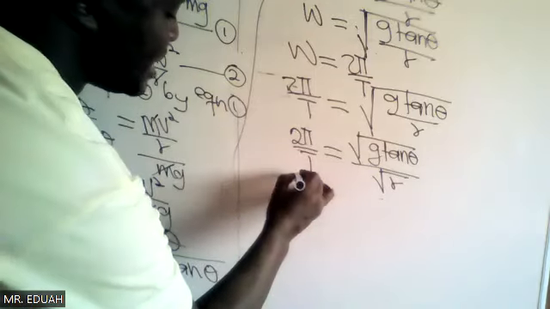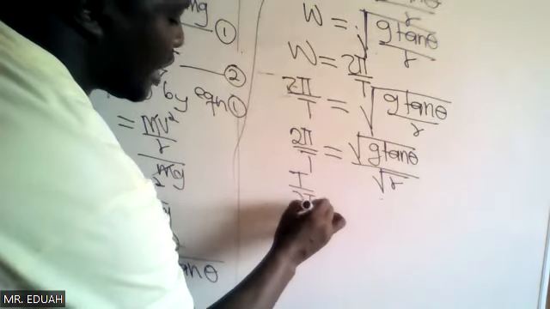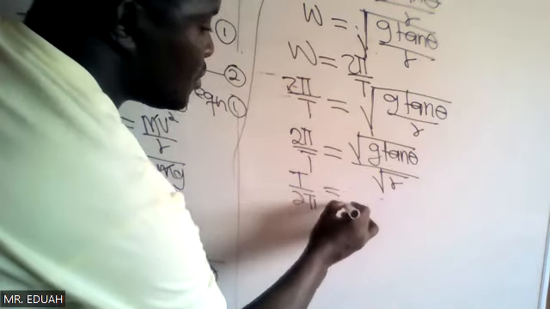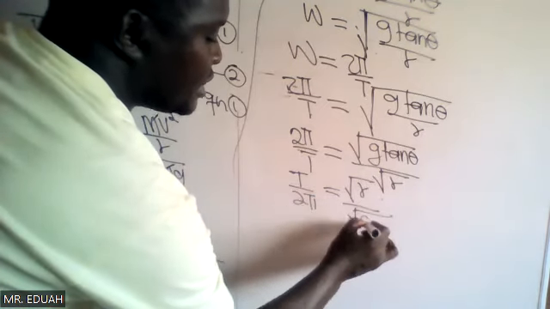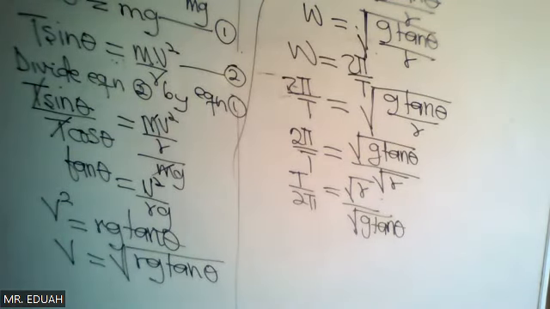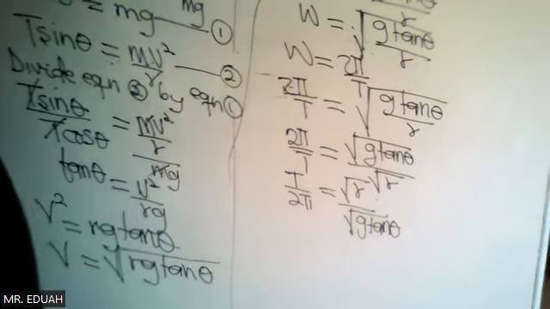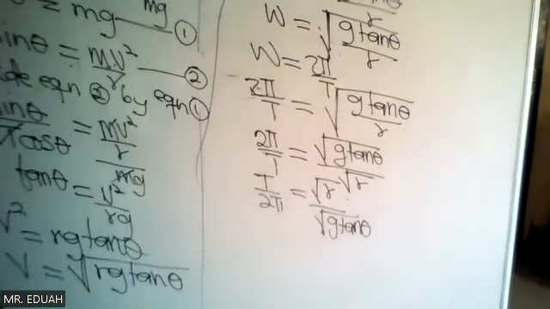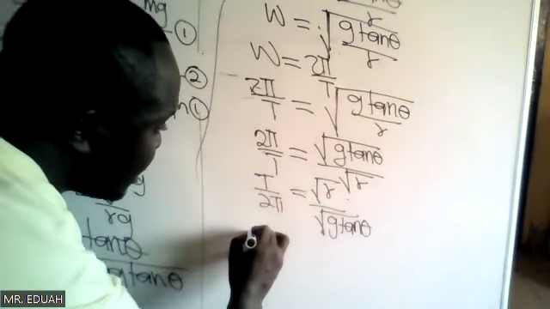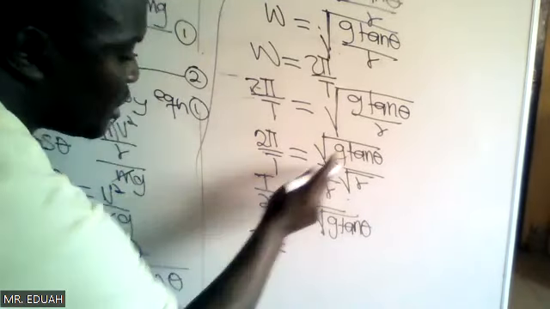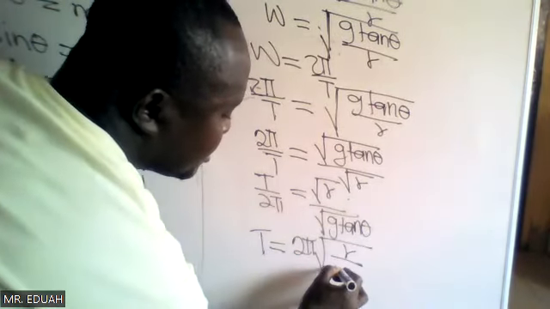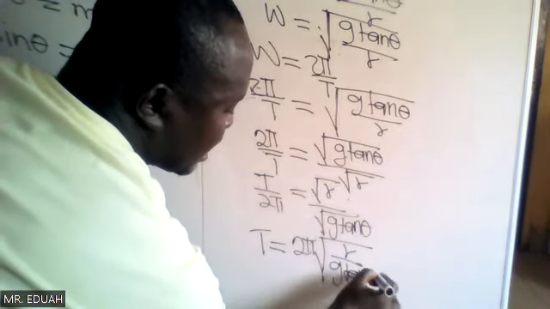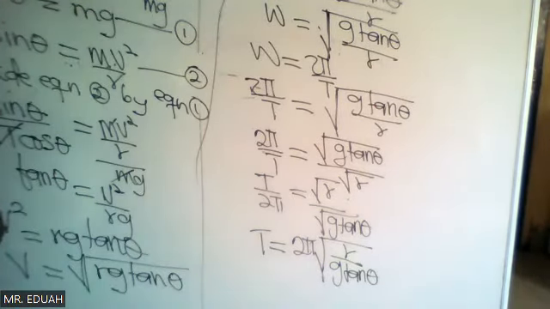If you do that, you have T on 2 pi is equal to root of R on root of g tan theta, isn't it? So that if you make T the subject, you straight away have T is equal to 2 pi times root of R on g tan theta. Is that what you got?